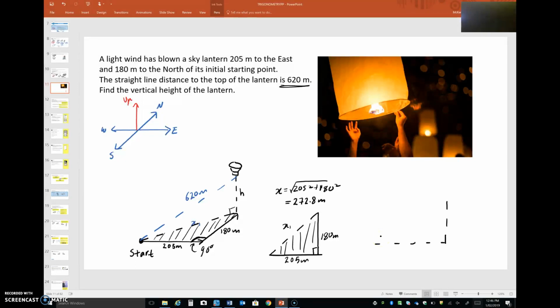And then this blue dotted line, I'll switch to blue just to show this a bit better. That's the 620. So I've taken that triangle from this 3-dimensional diagram and drawn it flat on the page here. This is our height. And this is our x1 we calculated over here, 272.8 metres.